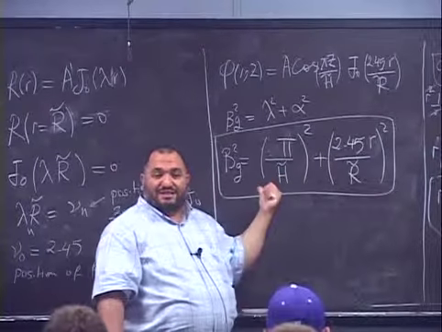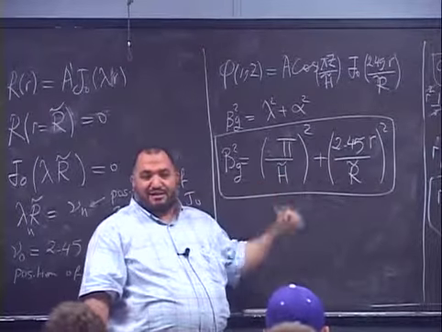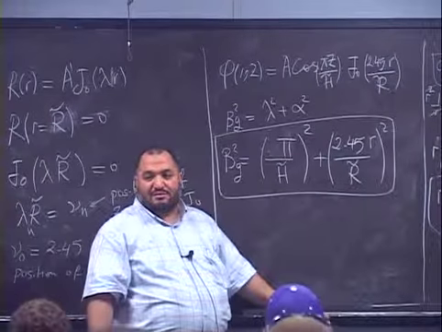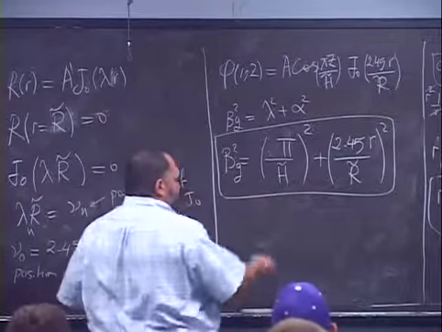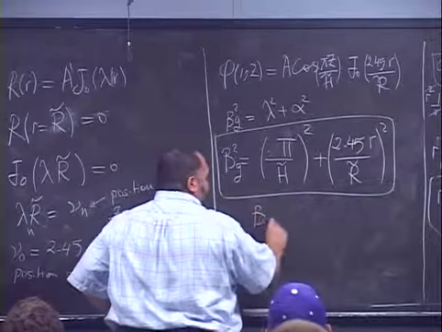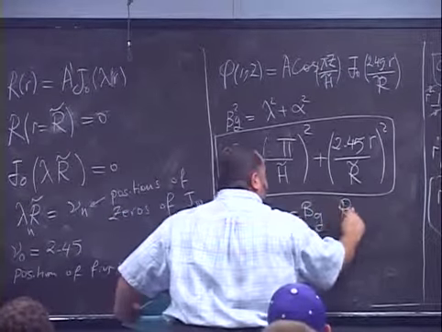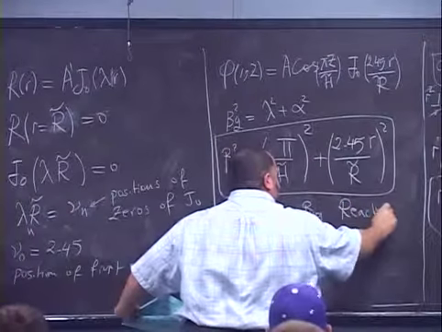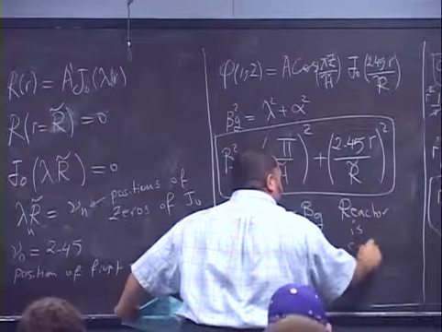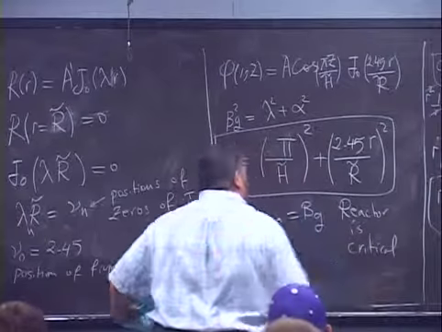When you equate this with the material buckling, this will give you the criticality condition. So critical when B material equals B geometrical, the reactor is critical.